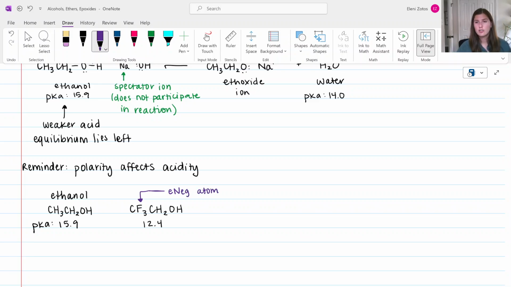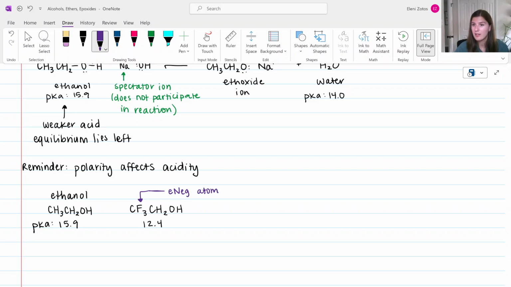This pulls electron density away from the acidic hydrogen that's bonded to oxygen. That increases the partial positive charge on that proton, making it more acidic. Also helps stabilize the conjugate base with the extra electrons, the negative charge.